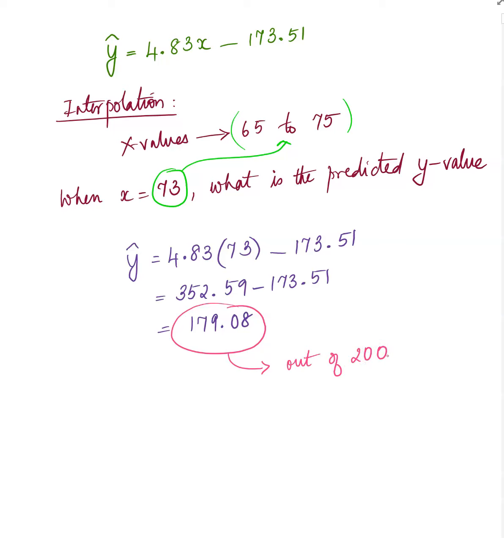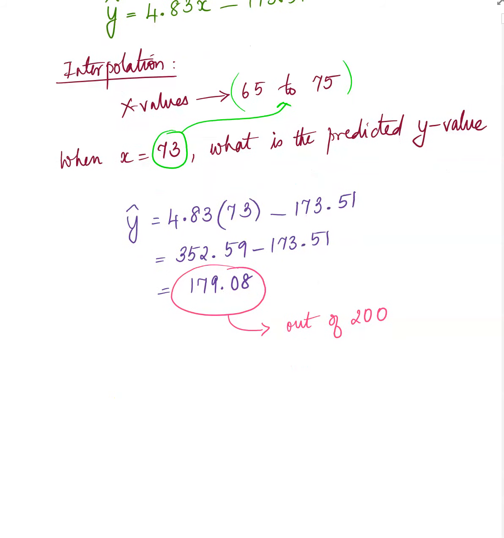The fact that your x was within the range makes it reliable, and the resulting answer was a value within 200, which makes it reasonable. It's reasonable to expect them to earn that, because 73 is out of 80 points. So this is a good prediction.